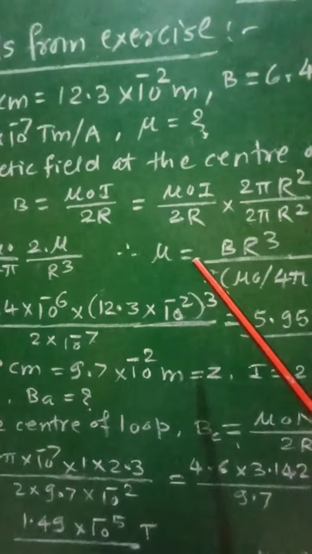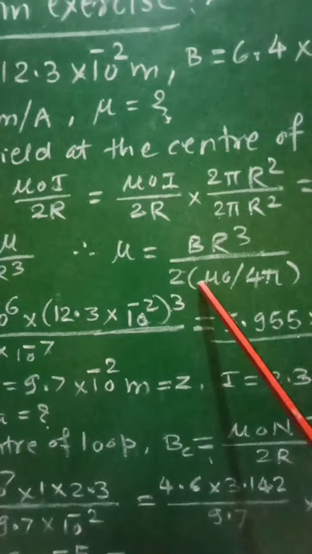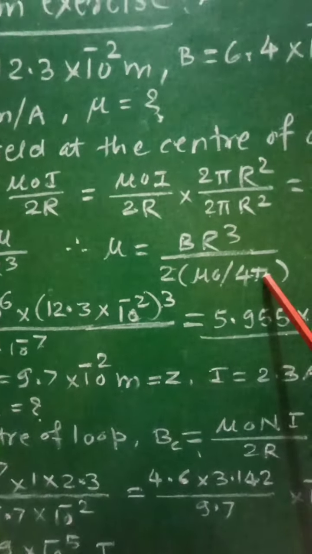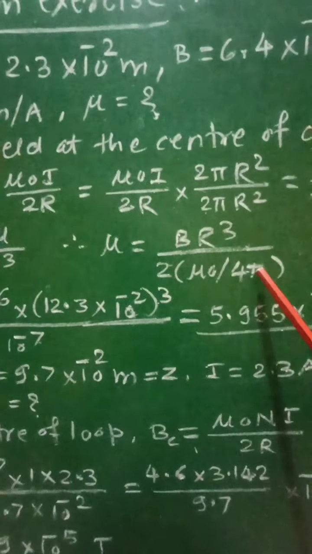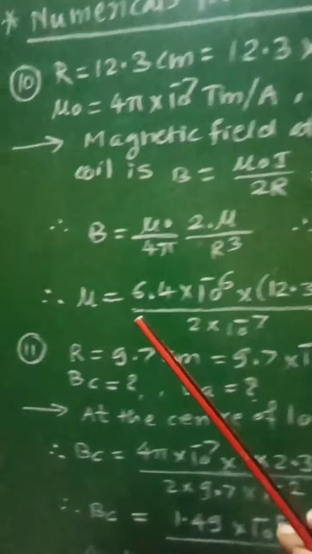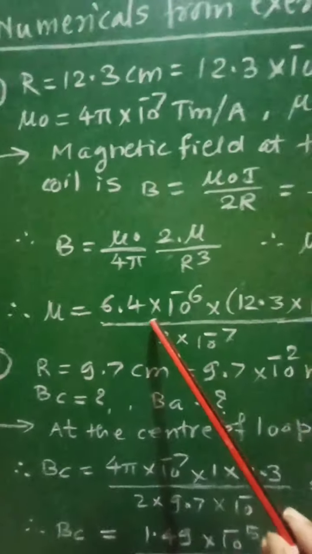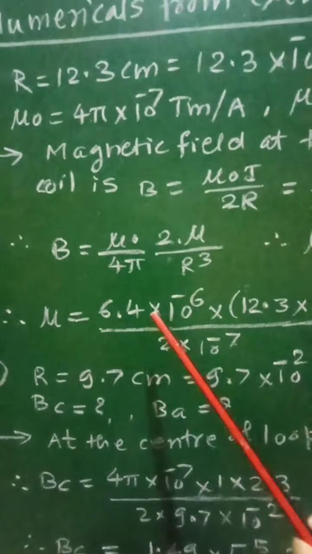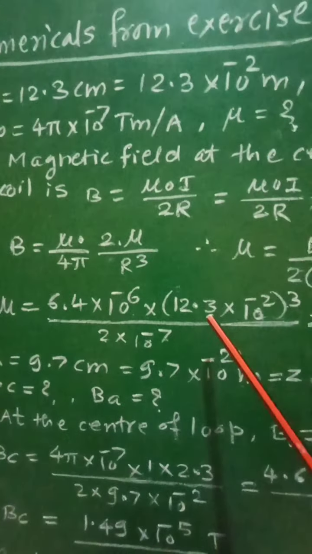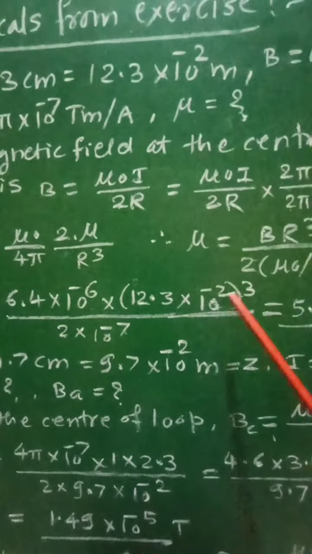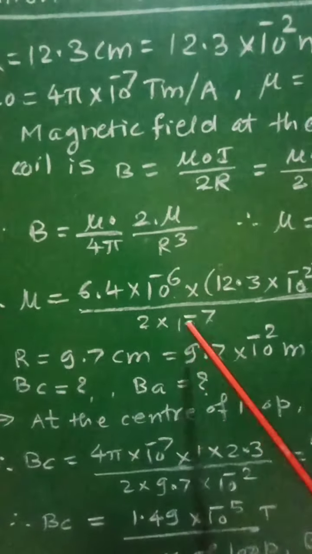Therefore mu will be written as B R cube upon 2 into mu 0 upon 4 pi, and therefore putting the values we will get mu equal to 6.4 into 10 raised to minus 6 into 12.3 into 10 raised to minus 2 its cube divided by 2 into 10 raised to minus 7.